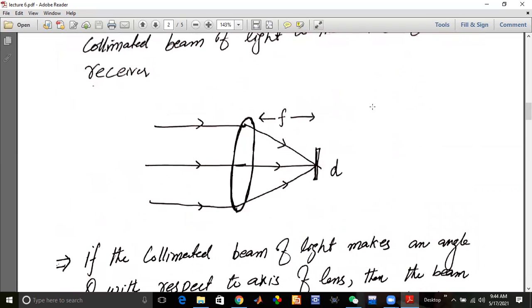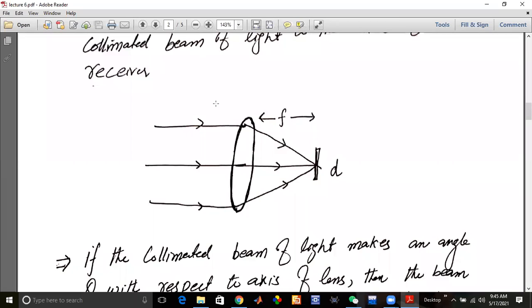You see here, this is the photodetector and this is the center. So we want to concentrate and collect all of this collimated beam of light at the center of the photodetector. For this purpose, we will use the spherical lens.